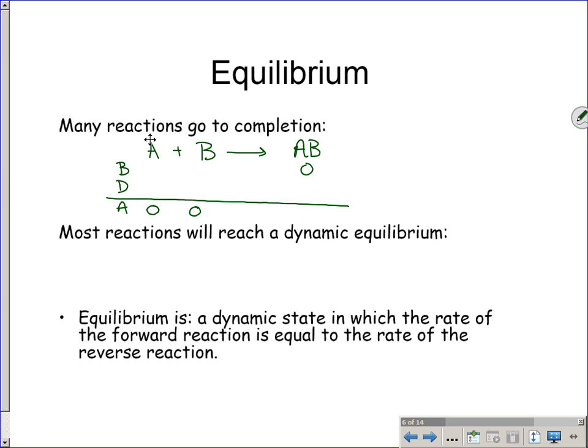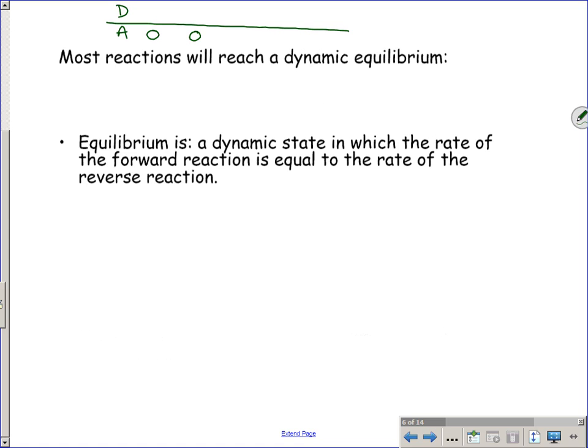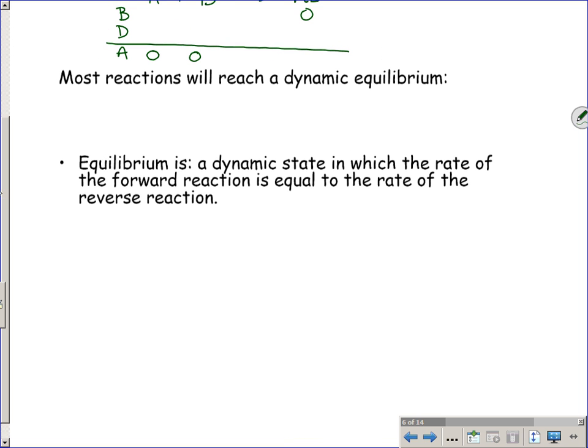So most reactions, however, do not go to completion, and they reach what is called a dynamic equilibrium. If someone has a dynamic personality, that means that they can adapt to a bunch of situations. They have a changing personality.